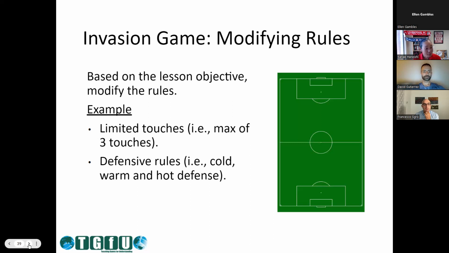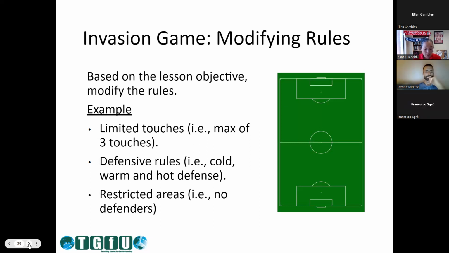Then hot defense is 100% defense, and the warm defense is somewhere between. Teachers should make specific restrictions for warm defense as well. So depending on the lesson objectives or your students or the players, teachers can add additional goals or restriction lines or areas.